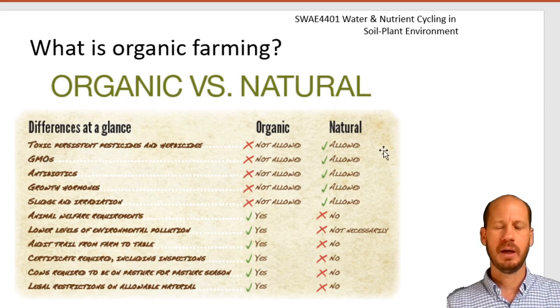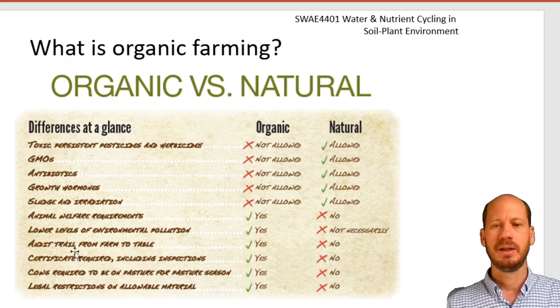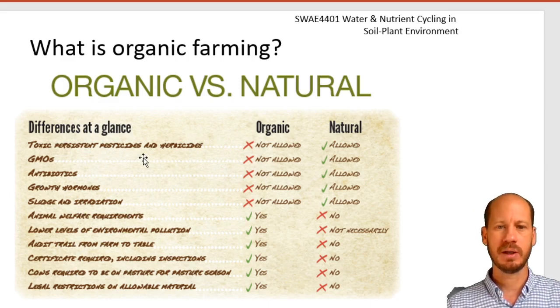Again, there are some alternative natural farming systems, but they will not get up to the standard of organic farming. For example, some pesticides can be allowed, GMOs can be allowed, but in organic they're not allowed. Antibiotics are not allowed in organics. Hormones for animals are not allowed.